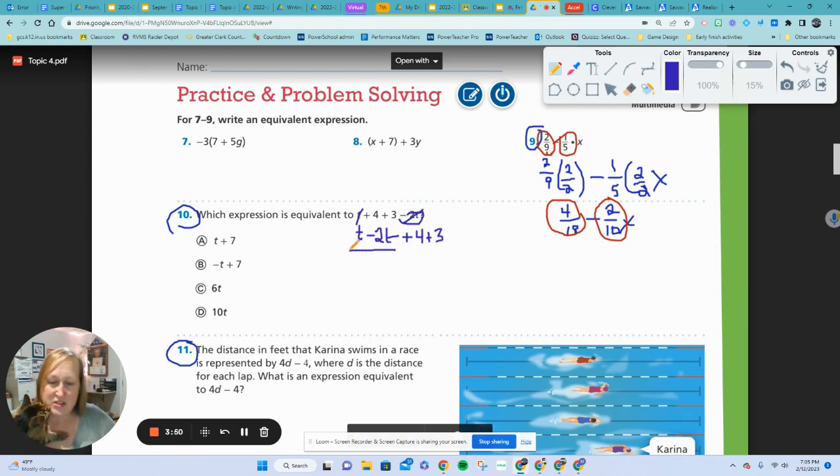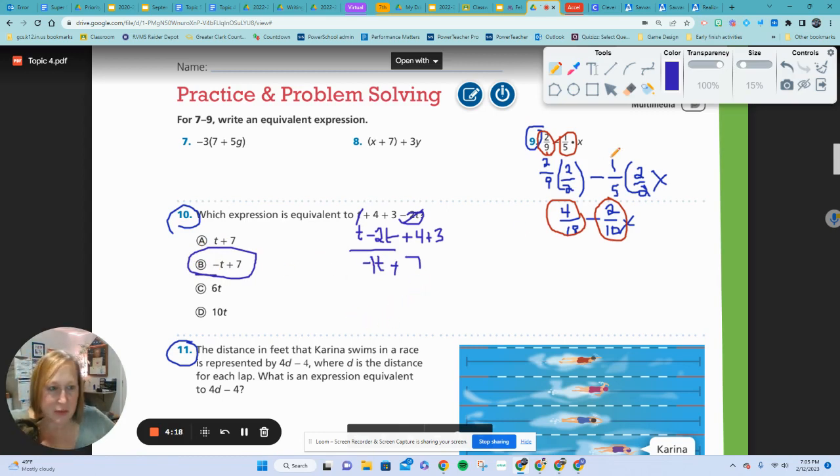So I can put these two together. 1t minus 2t's makes a negative t, negative 1t if you will. So I can write that negative 1t. Plus 4 plus 3 is 7. So again, I'm hoping you can read my writing, but negative 1t plus 7 is this answer right here.